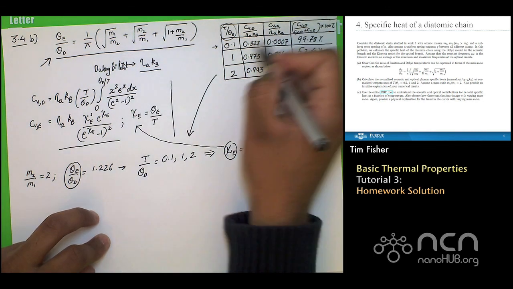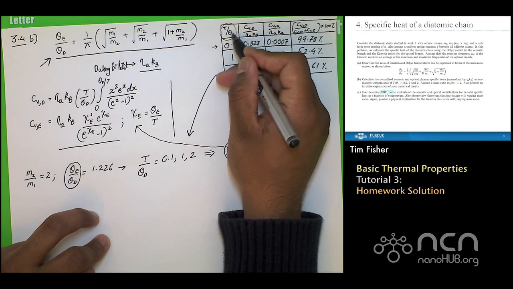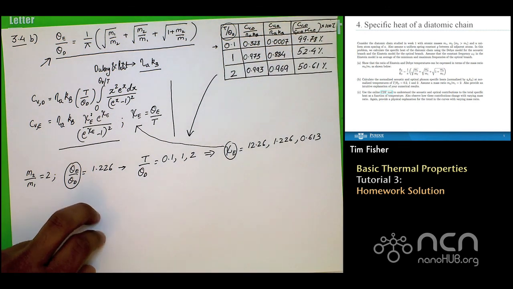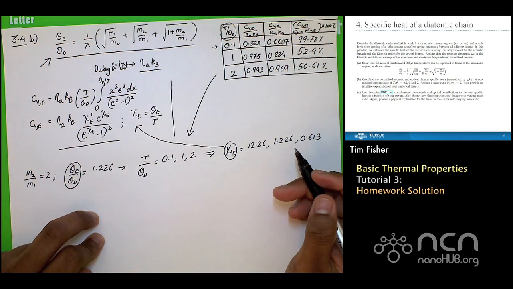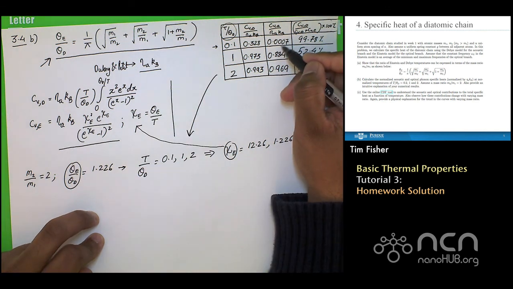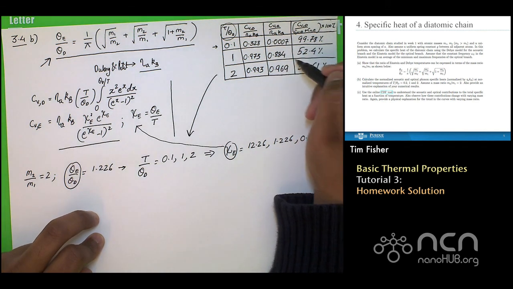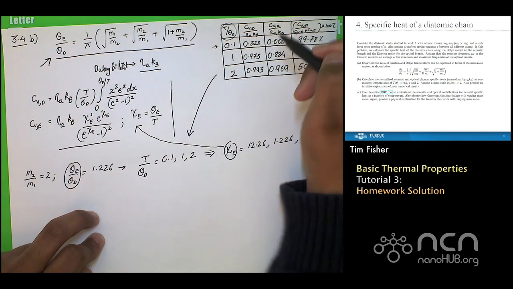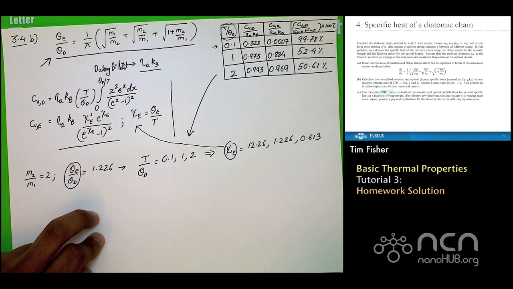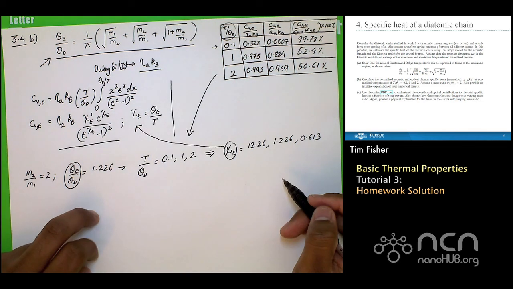It's almost negligible at this low temperature of T upon theta D equals 0.1. Now, this is because at high frequency, the optical mode is not populated at such low temperatures. Also, as you will notice here, as the temperature increases to the Debye temperature and beyond, the optical specific heat also tends towards the Dulong and Petit model.